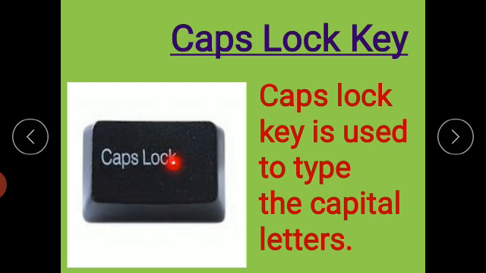When the light is off, whatever you type appears in small letters on the monitor. Are you getting this, children? Yes, so the main use of the caps lock key is to type capital letters.